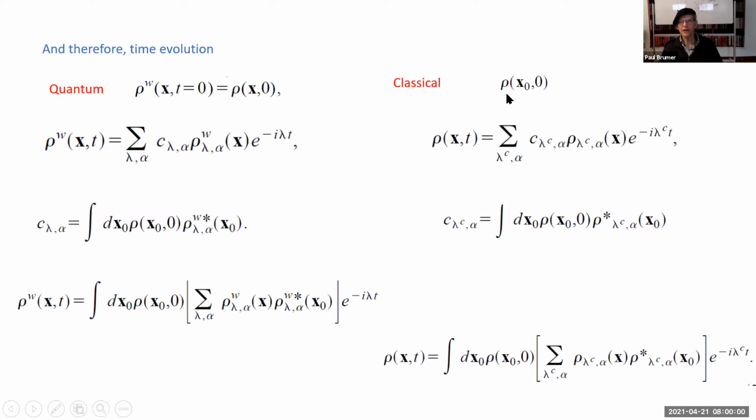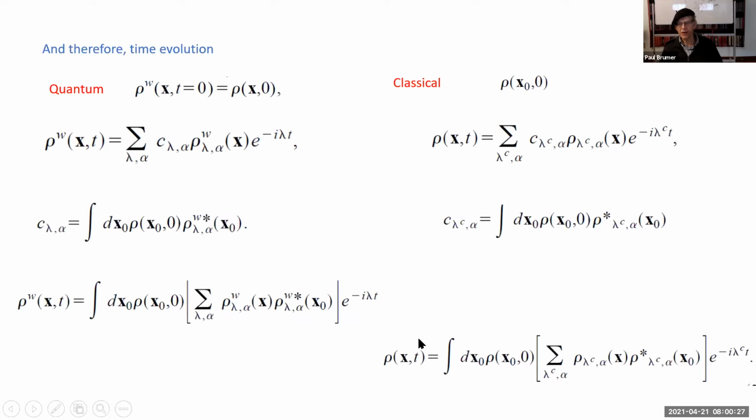But look at this, the classical mechanics are the same, right? You simply rewrite it as a linear combination of eigenfunctions of the classical Liouville operator, with eigenvalues of the classical Liouville operator. The coefficients are given by this integral, which is the projection of the initial density onto the complex conjugate of the eigenfunctions.